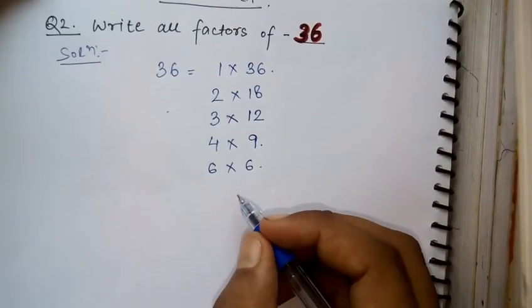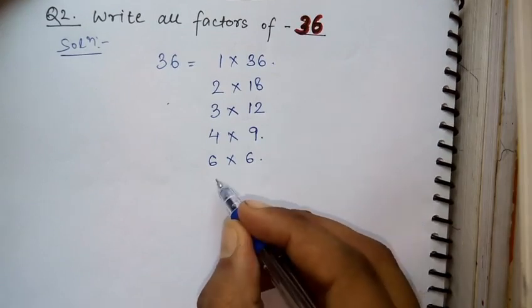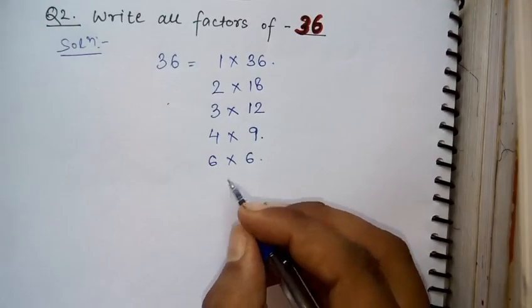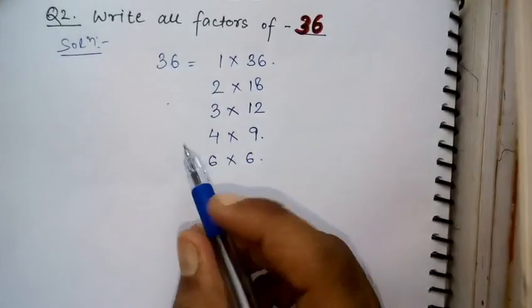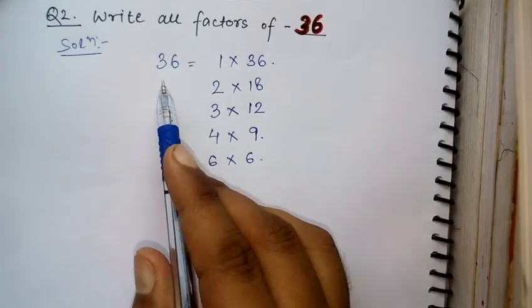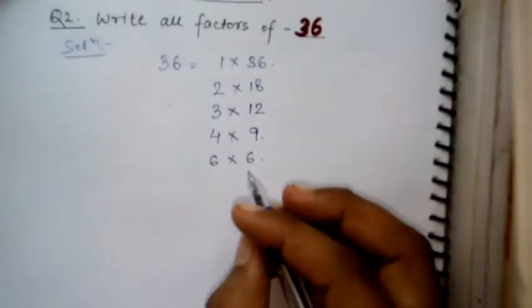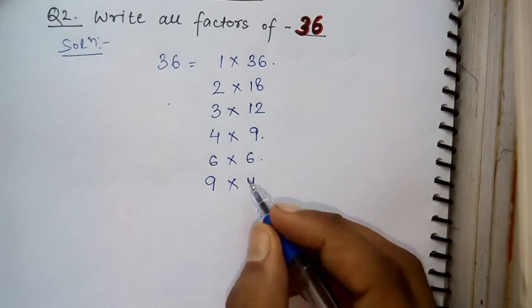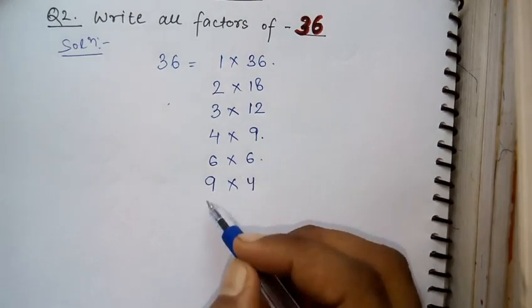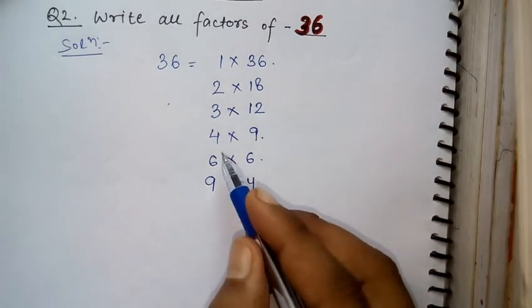Now when we move to the next step, after 6, 36 is not divisible by 7, it is not divisible by 8, it is divisible by 9, and that is 9 into 4. So we can see that the factors start repeating themselves.